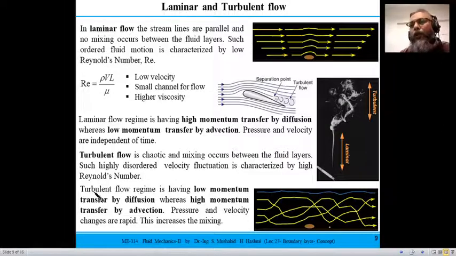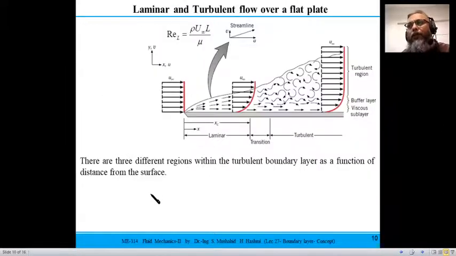So that is what we call a turbulent flow. The question comes, if you look at the flat plate, initially the fluid flow is uniform, and then due to the viscous effect very close to the wall, the boundary layer forms. The boundary layer I have drawn here is quite big, but actually it should be very small.